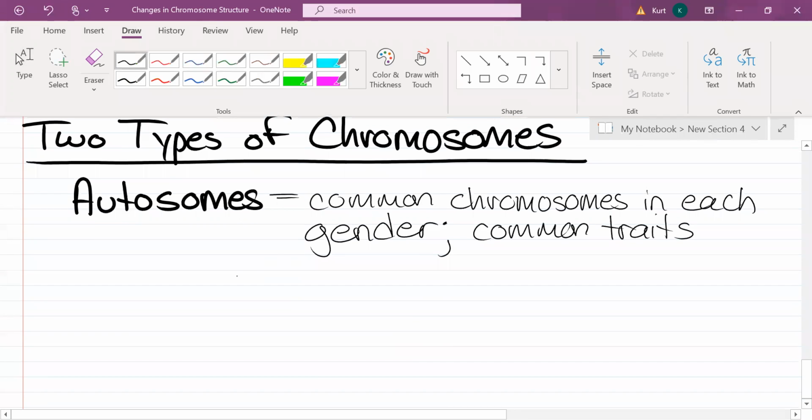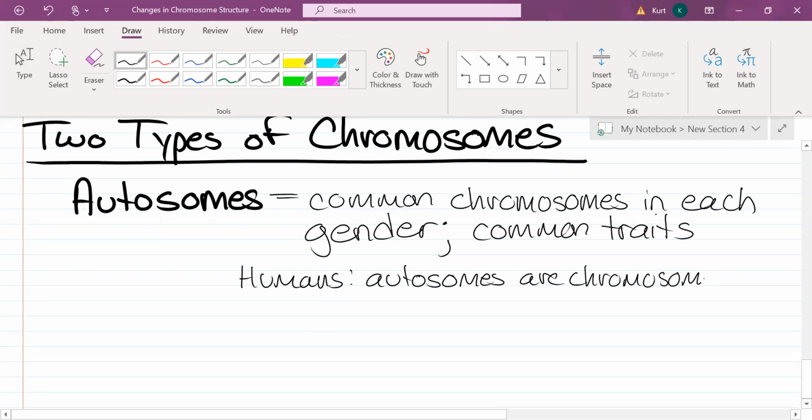When it comes to humans, our autosomes are chromosomes 1 through 44. What pairs would those be? 1 through what? Right. So boys and girls are basically 22/23 the same.